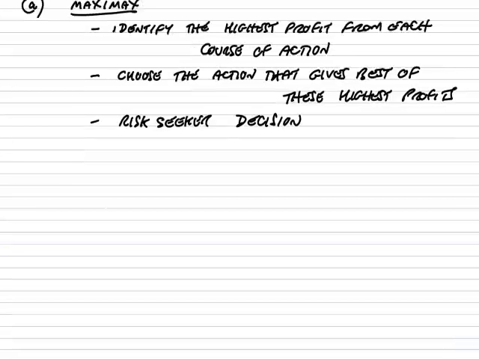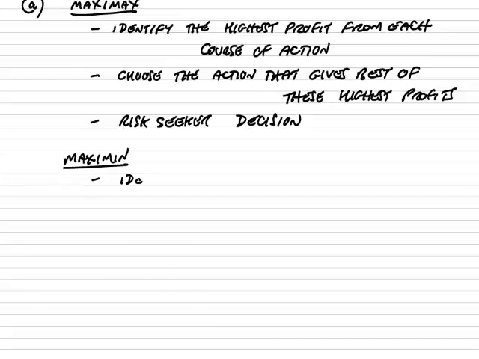What else? Maximin. Again, several ways you can write it, but I think my way is as good as any. With maximin, we identify the worst profit, or the lowest profit, from each course of action.